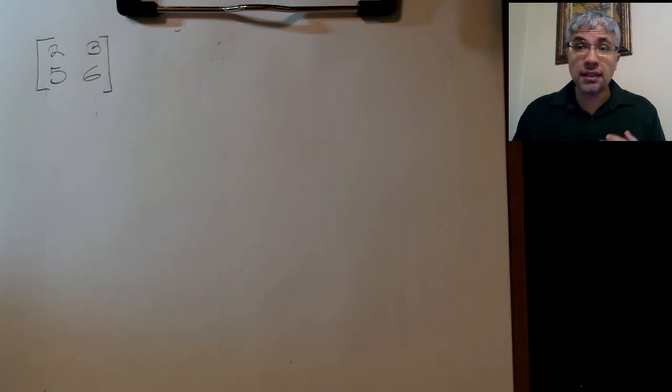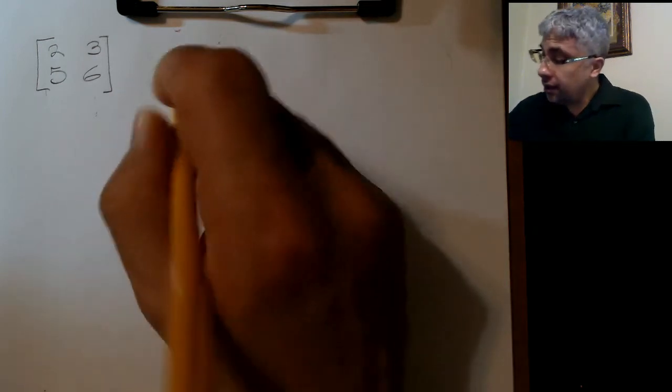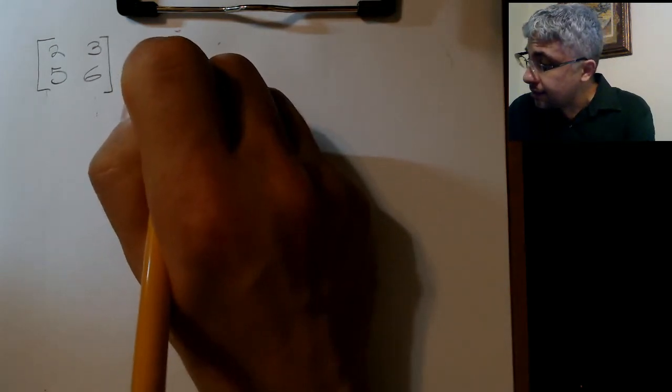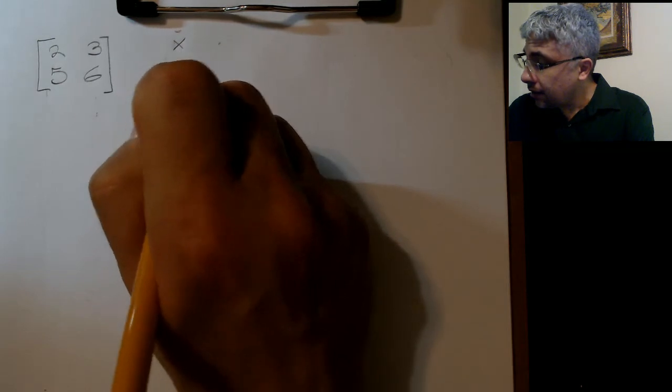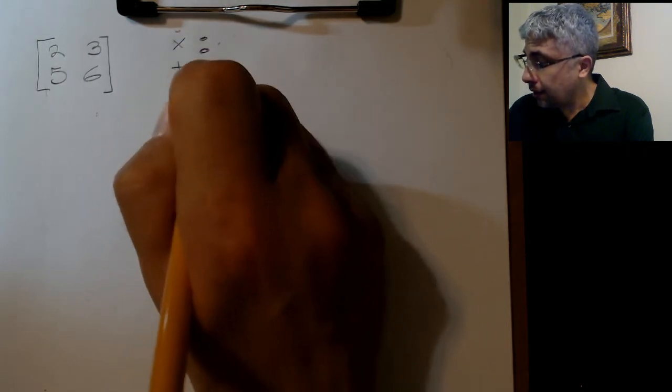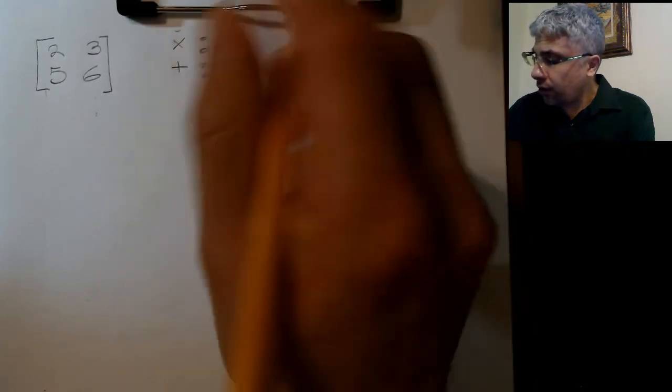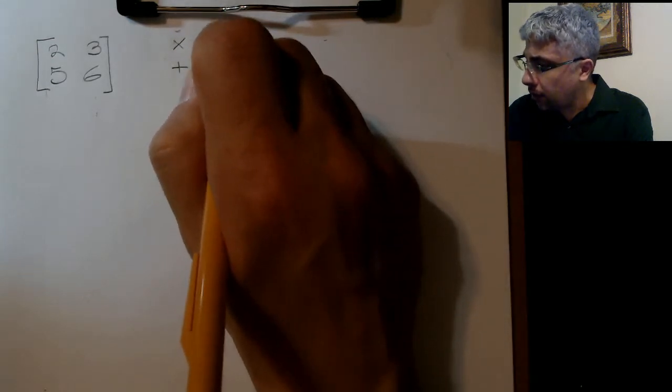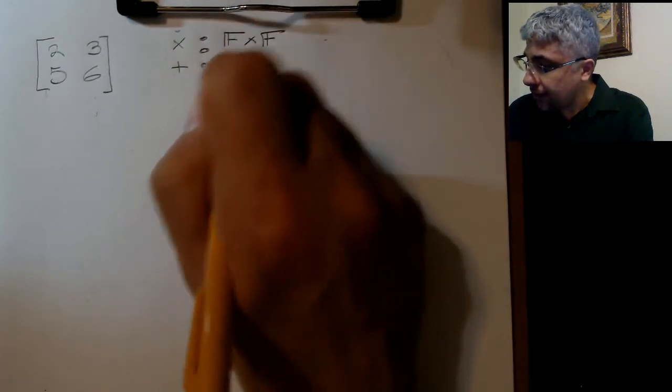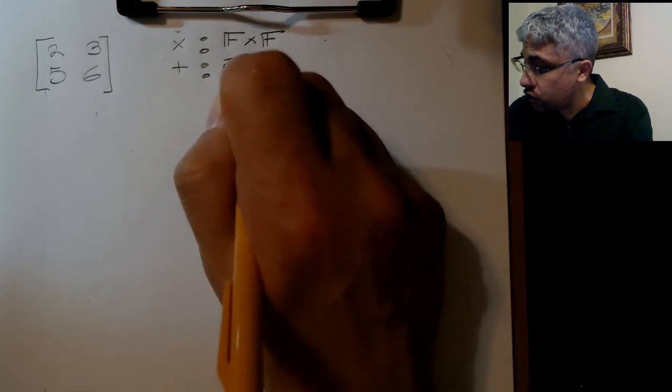A field is going to be a set of some numbers that we're going to be using that has 2 operations, times and plus. And if I call my field F, I'd say these both take in 2 elements.